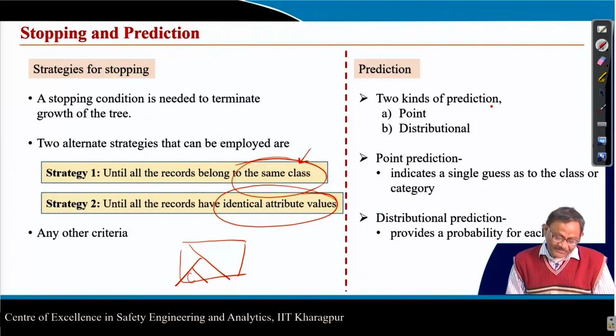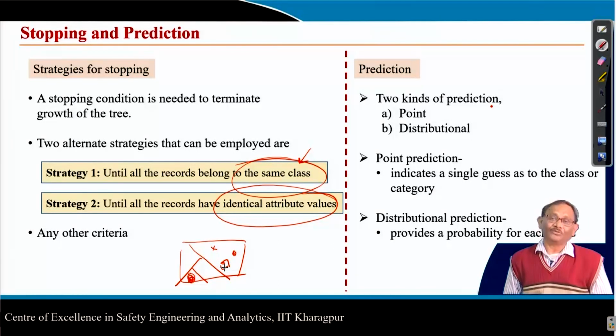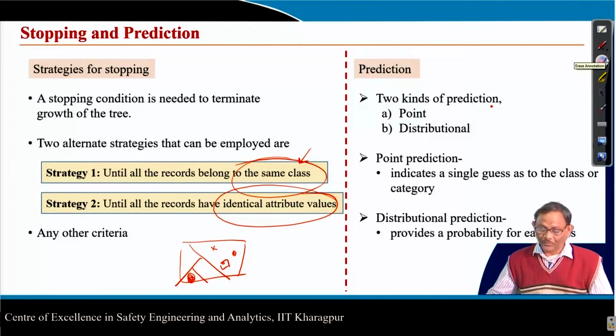A situation may be here only one level of y is available, but here different levels of y are available, but if you consider the attribute values, they are identical. So no more splitting is possible there. This is the thing which I did not mention at the beginning, but please keep this in mind. Okay.